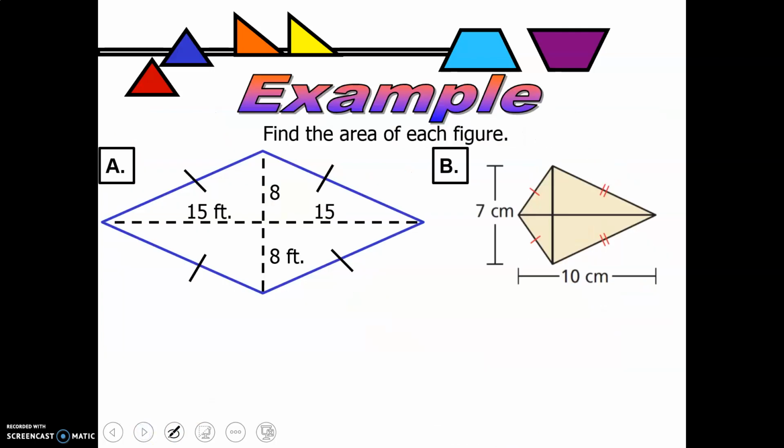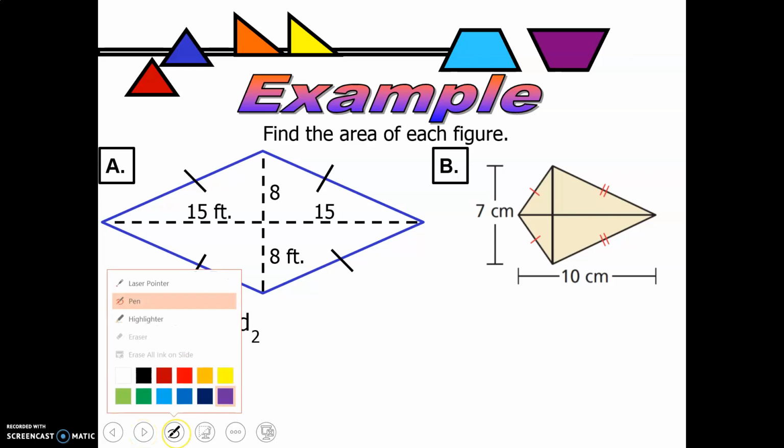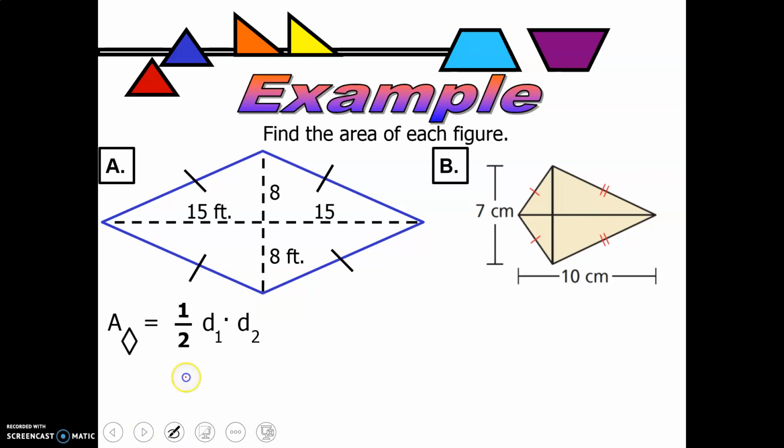So on example A here, diagonal 1 is basically just the sum of these two portions here of this little bisected segment. So that's a total of 30. And then this segment here, which is also bisected, is 16.